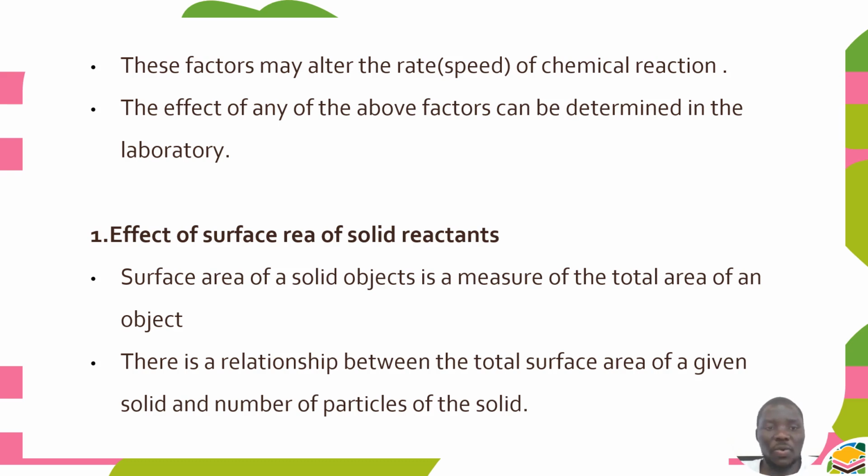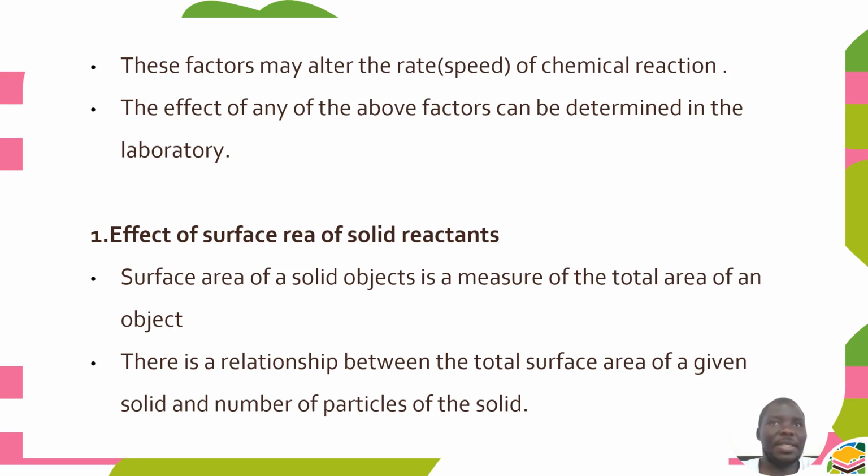Now we'll start looking at the first factor that affects rate of chemical reaction. That is the effect of surface area on a solid reactant. As we already said, if solids are reacting with a reagent which is either in liquid or gaseous state, it is only the particles which are found outside that particular solid that are going to be engaged in chemical reaction.